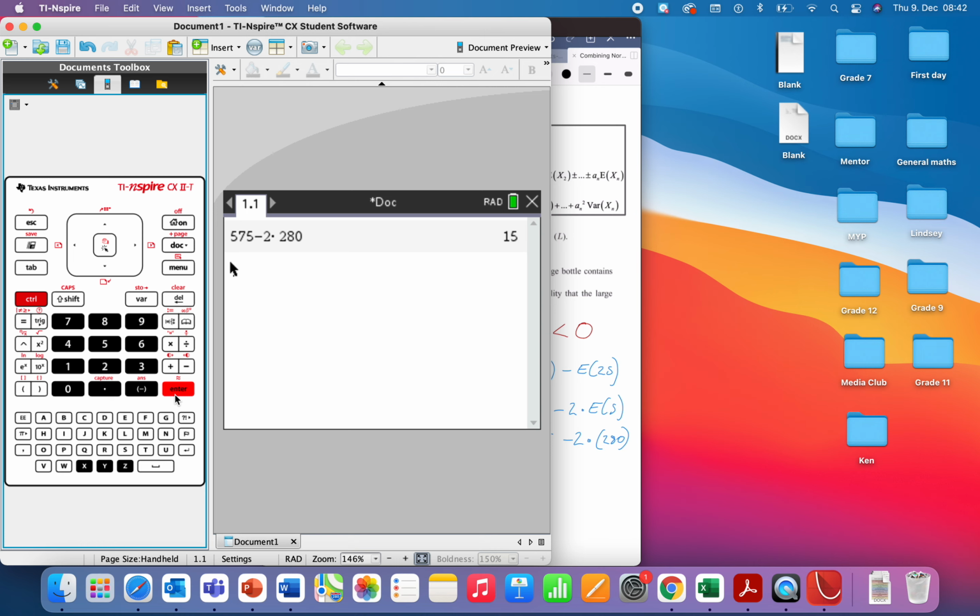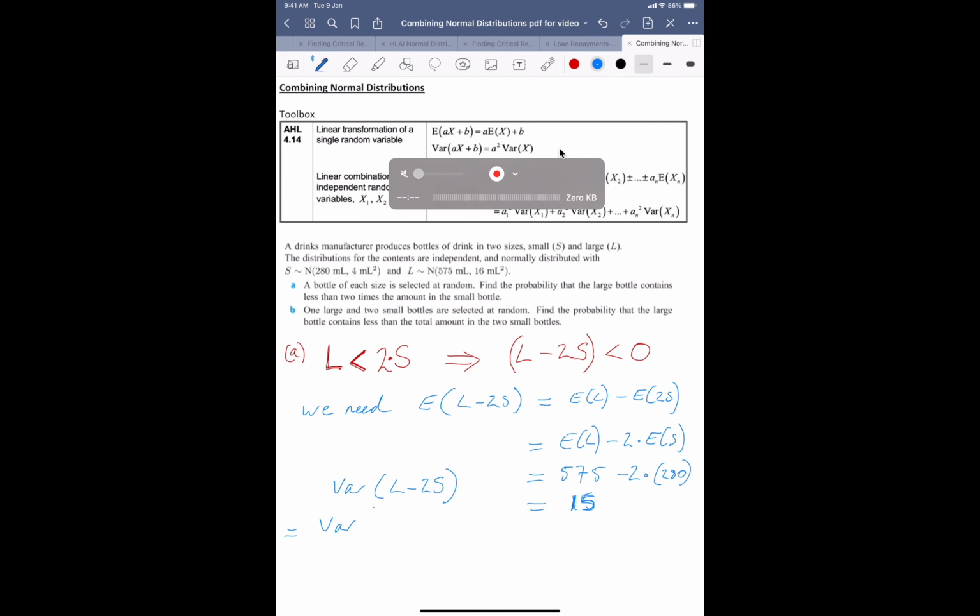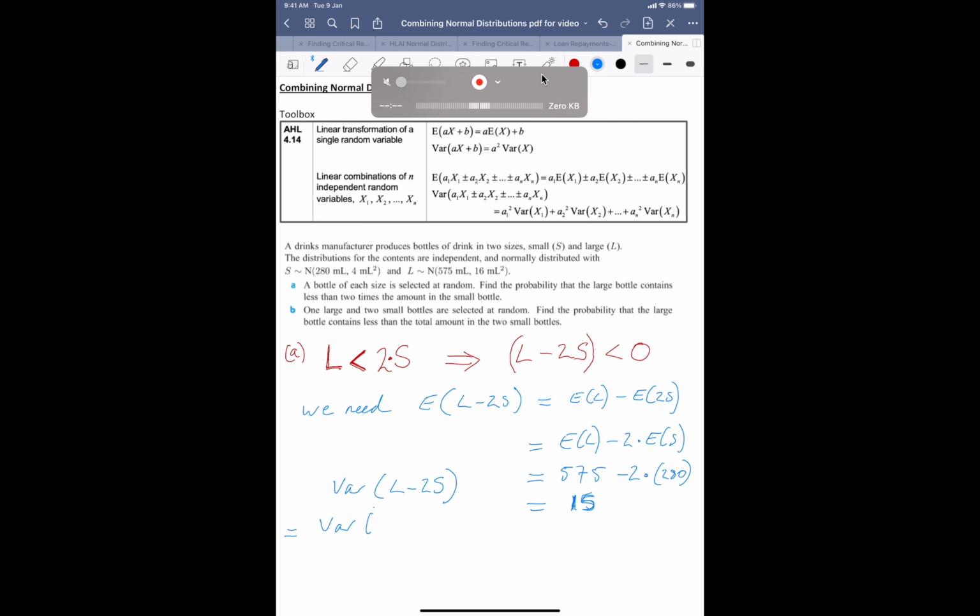Now the variance is a little bit trickier, so we unpack variance. We go back to the big picture here. So this is variance of the large bottle, and then we need the variance of 2S, and this is variance of L, stays the same, and this is actually 2 squared times the variance of S. And if we look back up here, the formula we're looking at actually is this one here.